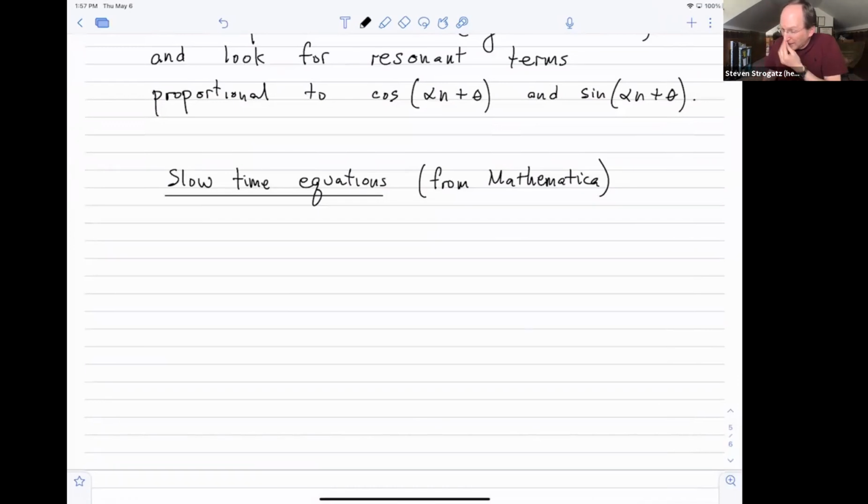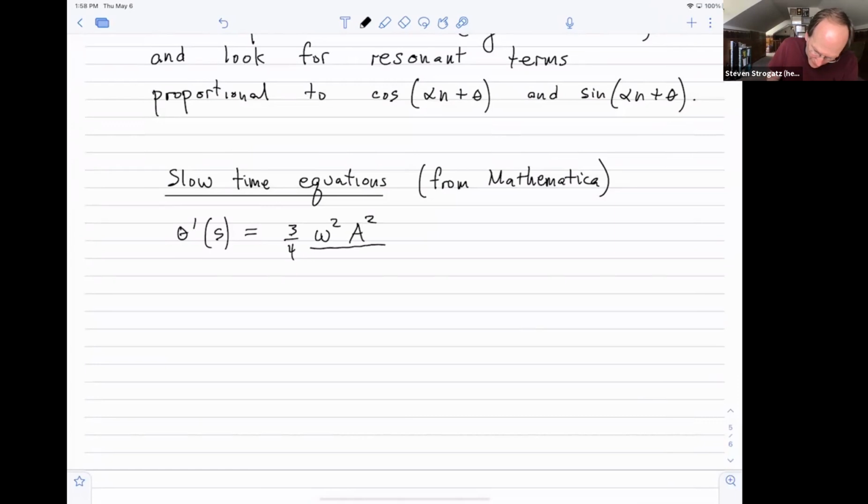it's interesting that we're actually getting differential equations at this point. That's because of that Taylor expansion that we did earlier. We're getting theta prime of s is 3/4 omega squared a squared, and rather than write cosecant, I'll just divide by sine alpha.